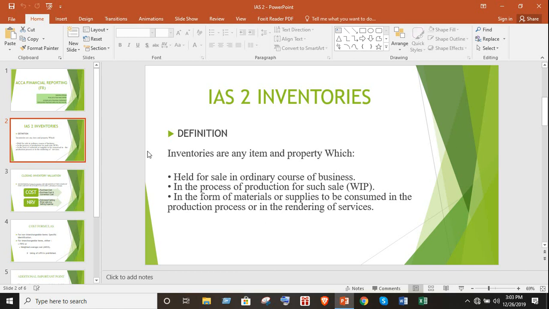If the closing inventory value is overstated, then your cost of sales will be understated and your gross profit will be overstated. On the other hand, if the closing inventory value is understated, your cost of sales will be overstated and the gross profit will be understated. So in a nutshell, if the closing inventory value is overstated, then profit will be overstated and your assets will be overstated.